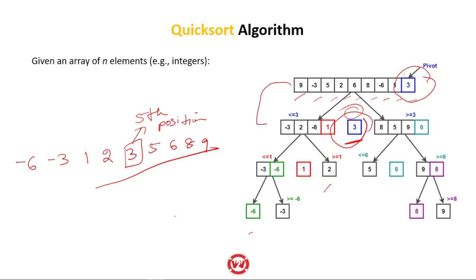Later on, each half of the array can be sorted using merge sort, which we have already discussed in the previous videos. If you have not seen the video on merge sort, I request you to see it first before going for quicksort, because that is going to help you understand the criteria and the technique behind divide and conquer algorithms.